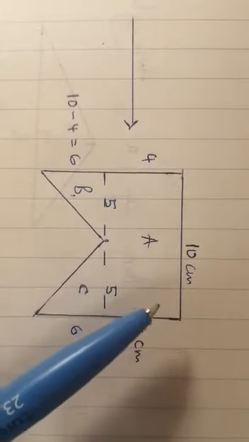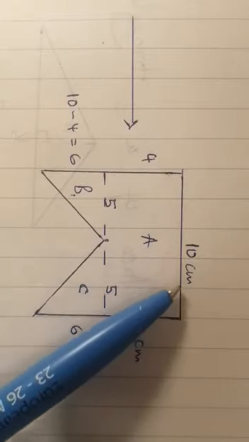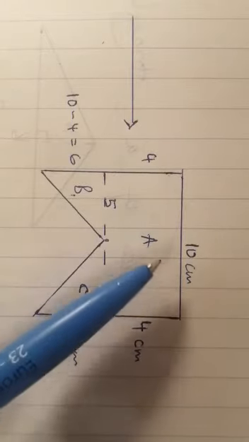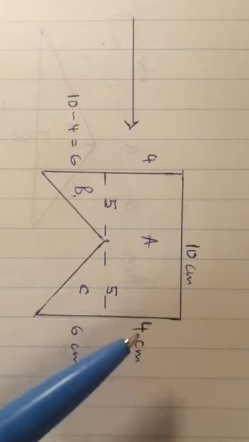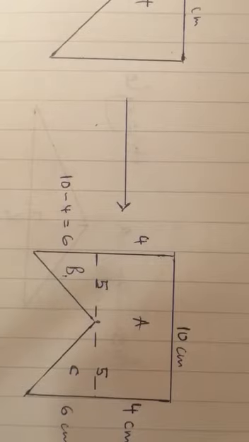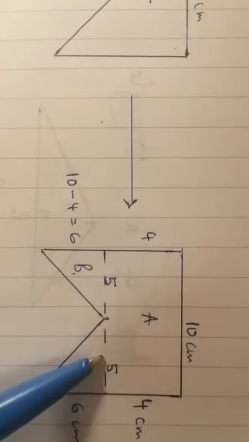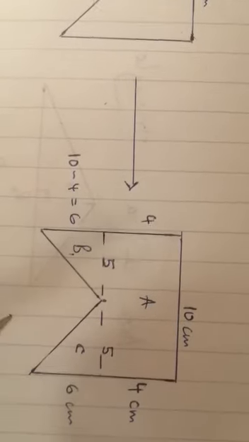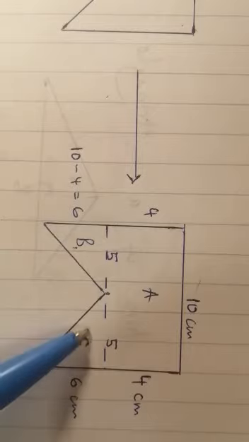That means we can find the area of our rectangle as saying 10 times 4, length times width, 10 times 4. And then we also want to find the area of these triangles, because the aim of this question is for us to find the total area of this shape.